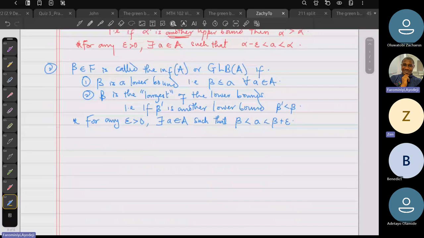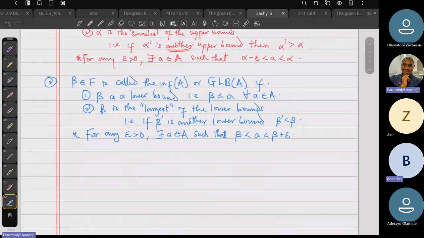I have a question. In the statement that we made now and the first one, since both of them are falling back into the set, can't we use less than or equal to for the first one, and for the second one, beta is less than or equal to it?